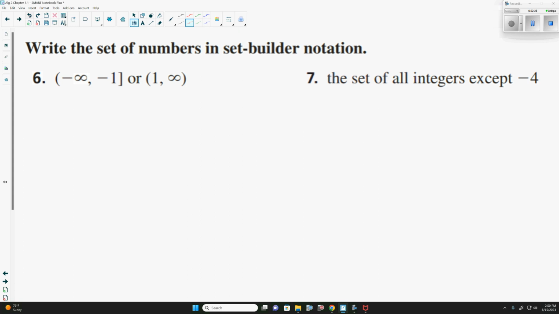All right, so let's do our number line. We'd have -1, and -1 would be equal to, and that means it is. Brace means equal to, and equal to means closed. Will we shade to the left or to the right?